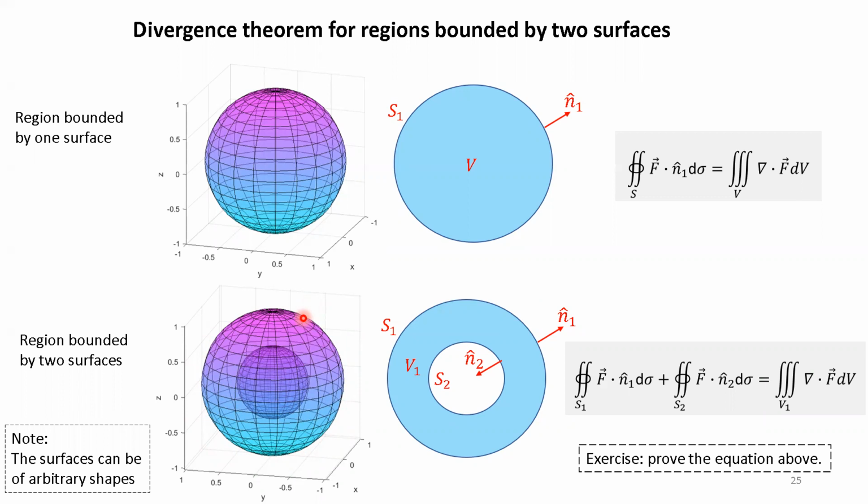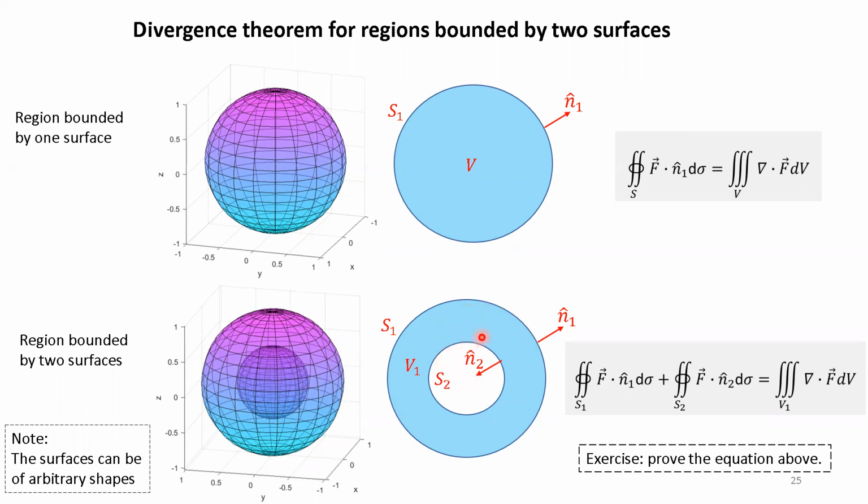Now the region enclosed by the smaller closed surface is a cavity, or a hole. So basically, the volume that we will be considering is this part, between the outer surface and the inner surface.